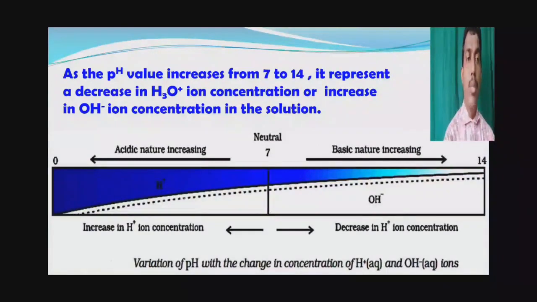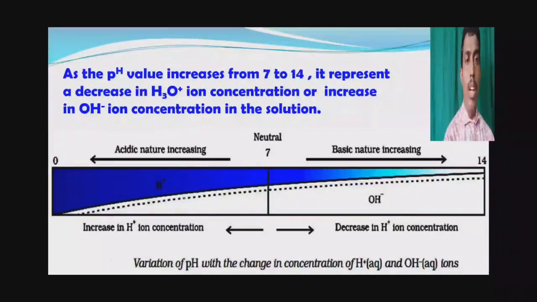Here we can observe as the pH value increases from 0 to 14, the H plus ion concentration, which is in thick blue color, is decreasing, and the OH minus ion concentration, which is in white color, is increasing.